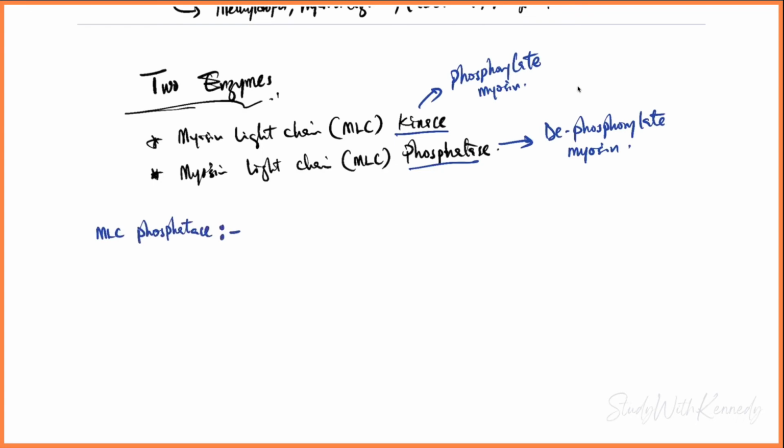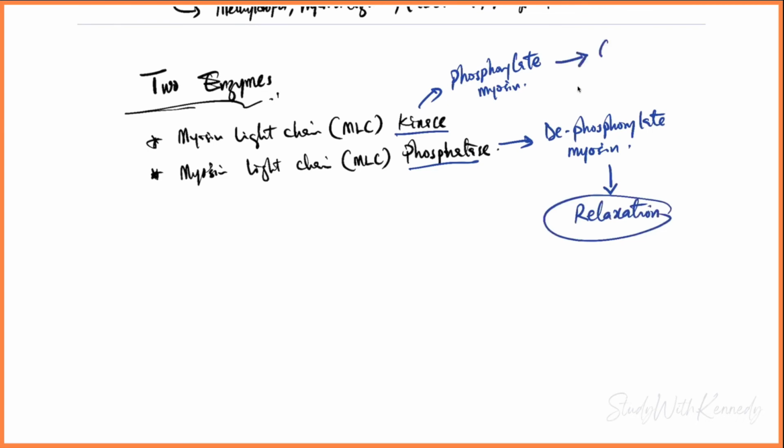When it dephosphorylates myosin, it's going to bring about relaxation. Myosin light chain kinase, on the other hand, is going to phosphorylate myosin and cause contraction.